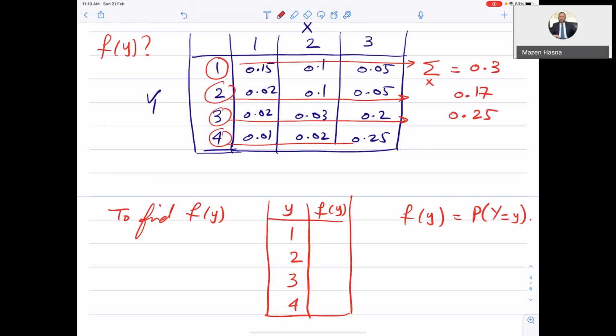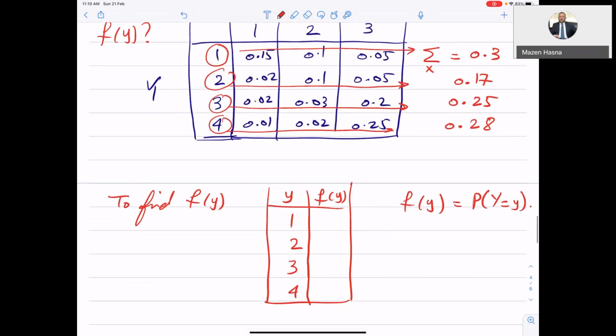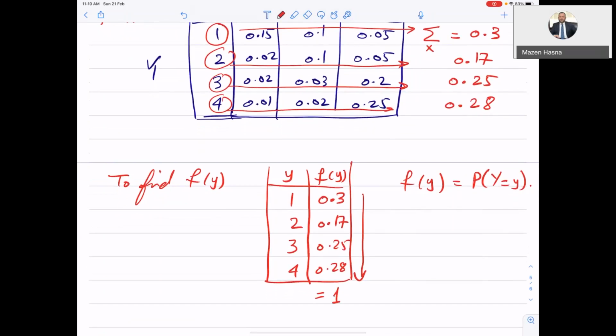And for 4, 0.25 plus 0.03, 0.28. So this is my f of y alone, 0.3, 0.12, 0.25, 0.28. And you can always check that this should be also a valid probability distribution. So if you sum all of those, they should add to 1.